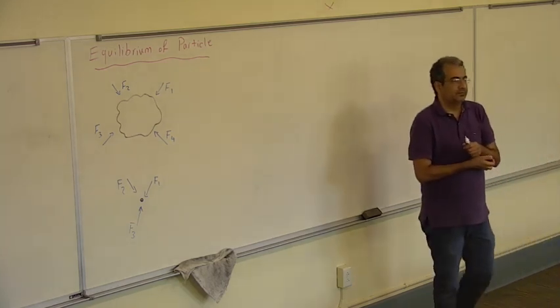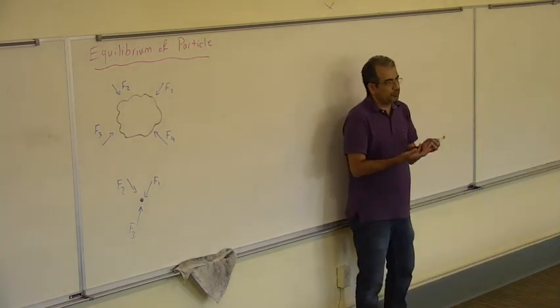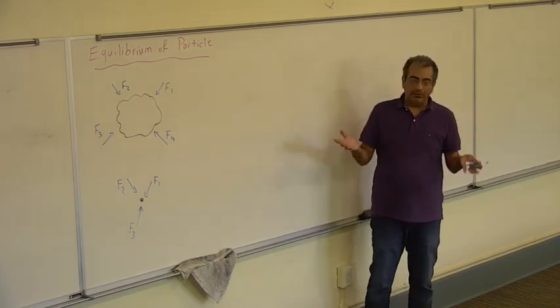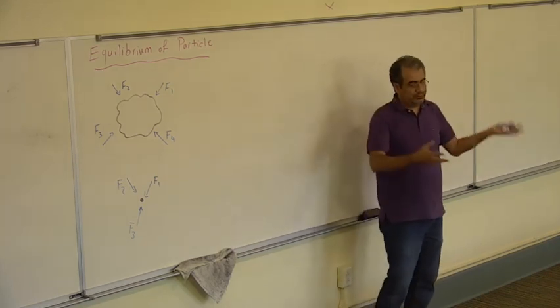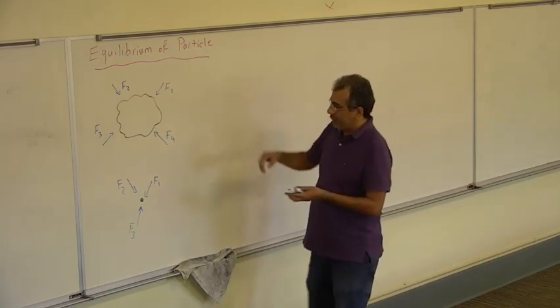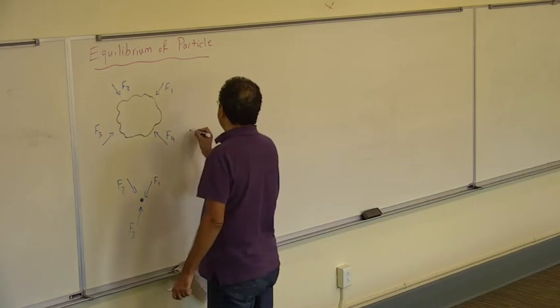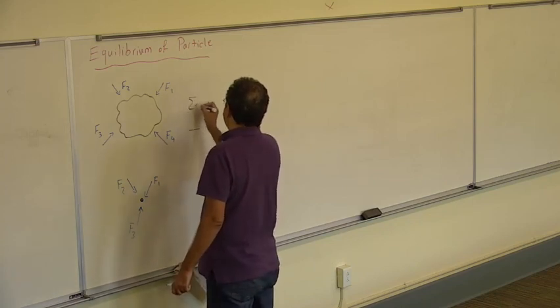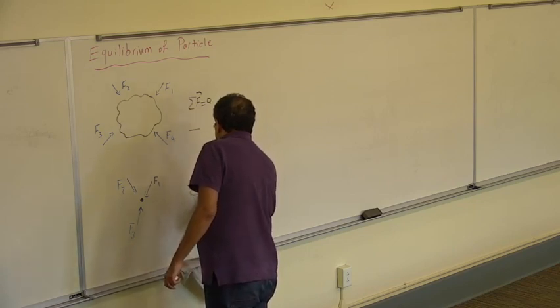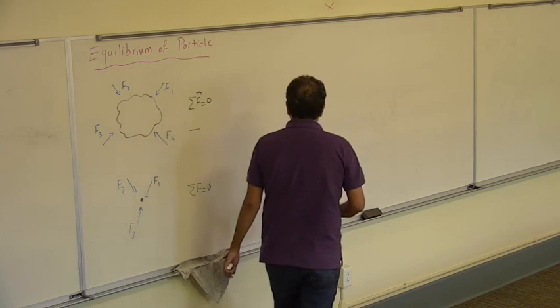Zero net force. Not that no force is applied on it, but if I add all the forces together, it should become zero. So for either of these two to be in equilibrium, I have to have sigma F is 0. Same here, sigma F is 0.